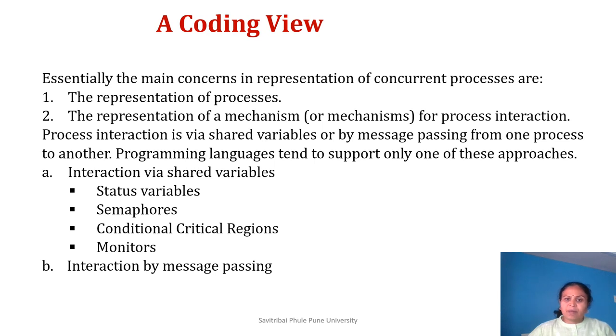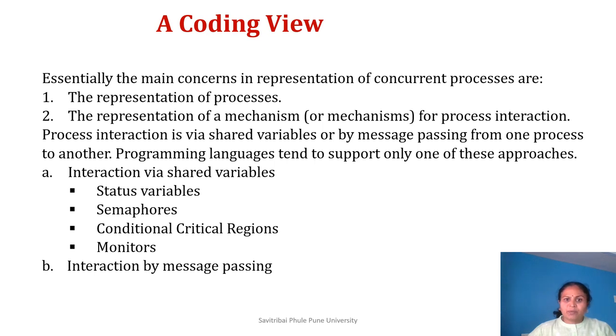Shared variables are manipulated in a critical region: acquire exclusive access to the region, and then release the exclusive access to the region. Entry to a critical region can be controlled by a status variable that indicates whether or not the region is currently occupied by a process.